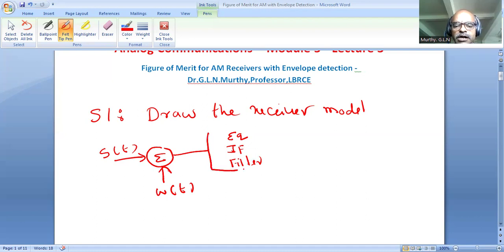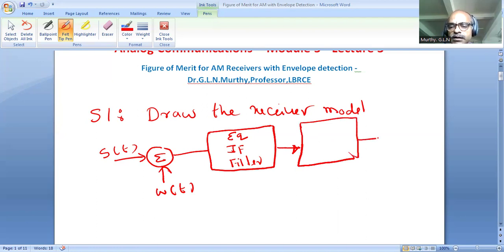The characteristics of this IF filter or IF section are very narrow. This IF filter converts a wideband signal into a narrowband signal, already known. And the difference between different receiver models is the demodulator.